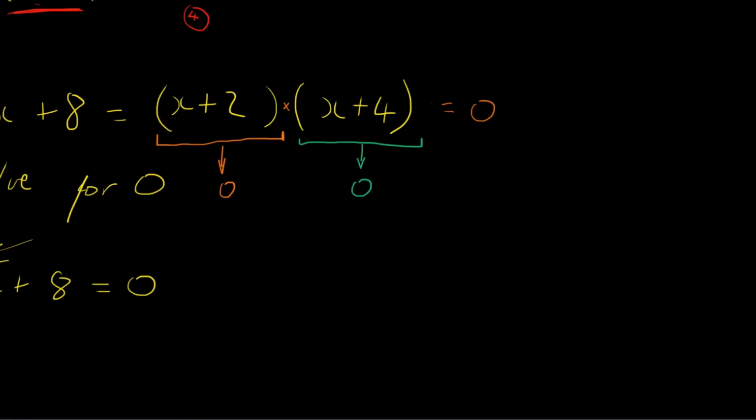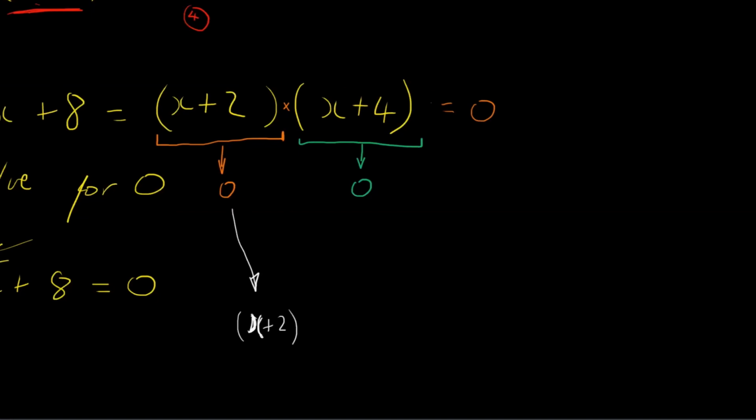Okay. So here's an interesting point now. I'm going to go back to the first bit in orange. I've got the expression x plus 2. What would x need to be for that to be 0? What do I have to add to 2 for it to be 0?